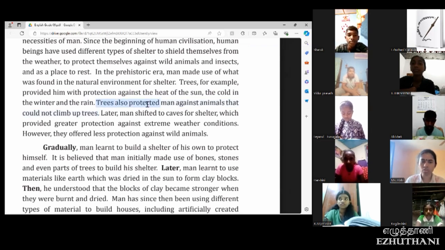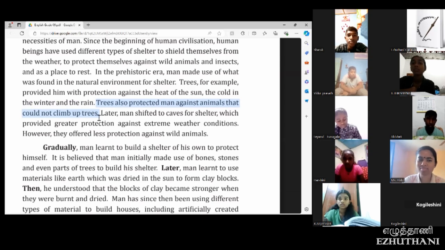Okay. Trees also protected man against animals that could not climb up trees. One more time. Trees also protected man against animals that could not climb up trees. Very good.